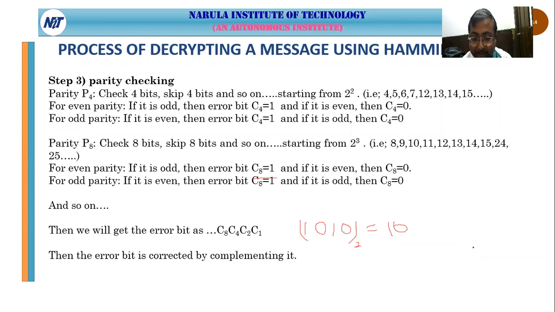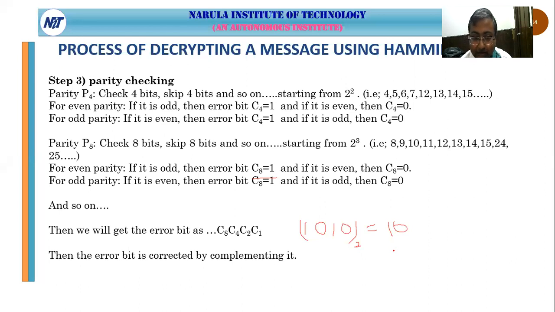So these are the 4 parity bits. Obviously the Hamming code should be greater than 8 bits. Suppose a minimum of 4 message bits are there.